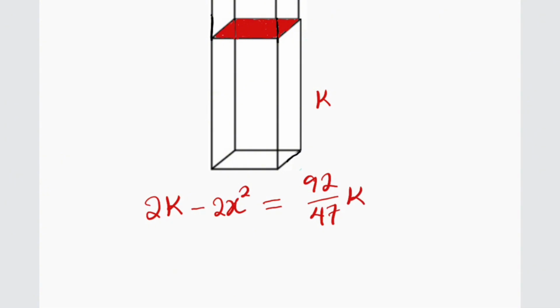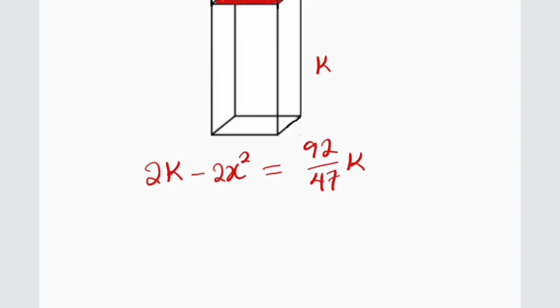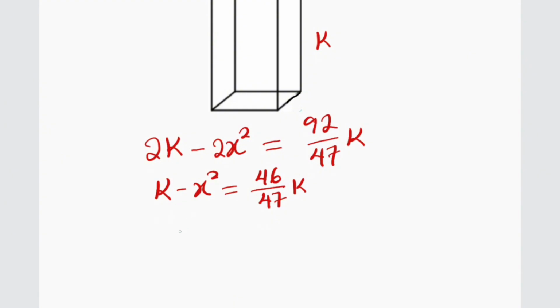I think I should divide every single term by 2. This is going to give us k minus x squared equals 46 divided by 47 k. Let us bring the like terms together. You can see that k minus 46 divided by 47 k will be equal to x squared. If you take this one to the right, the sign will change.